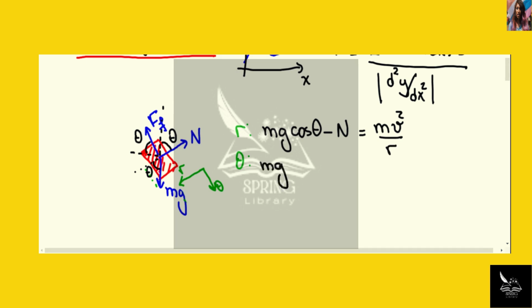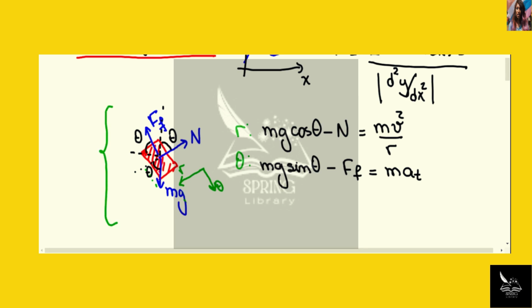Along the theta direction, we have mg sine of theta minus f, which is the frictional force, and this is equal to m times the tangential acceleration. Okay? So let's leave this here. We're going to use this.